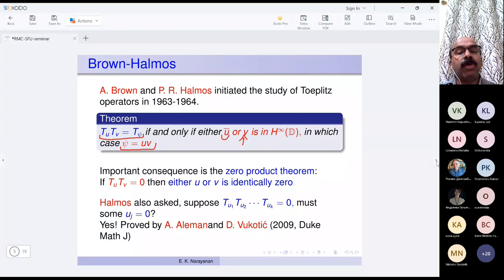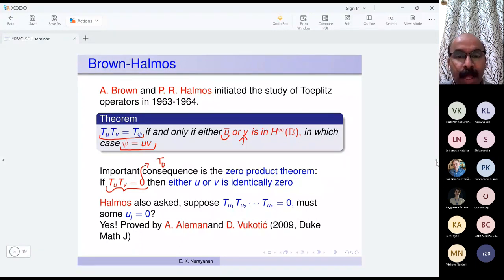So an important, immediate consequence is the so-called zero product theorem. That means there are no zero divisors for Toeplitz operators. If I take two Toeplitz operators and look at the product, T_u T_v equal to 0, then so 0 is the Toeplitz operator with symbol 0, right? So it is T sub 0. And so you can apply the previous theorem.